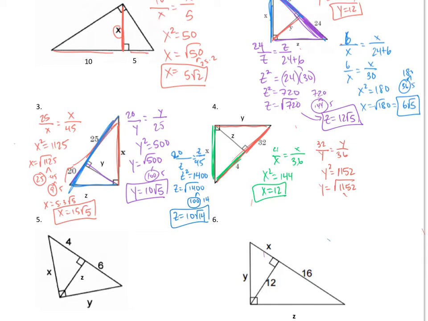Because I know the square root of 36 is 6, and 32 can be broken down into 16 times 2. So we could take that square root as well. So y will be the square root of 36, which is 6, square root of 16, which is 4, and then I have left over that root 2. So y is 24 root 2.